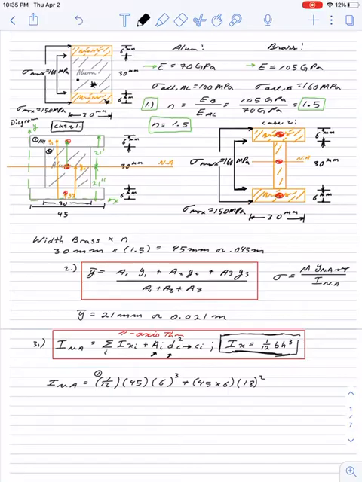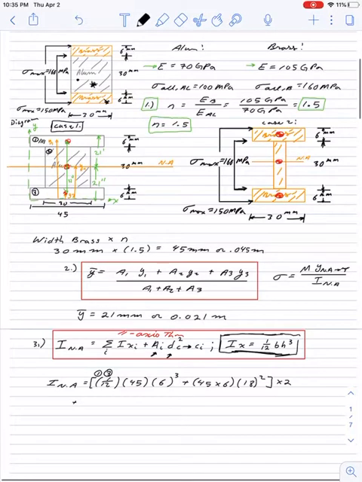Now notice that member number 3 is going to be the same. The moment of inertia is still going to be 1/12 times 45 times 6 cubed, plus the area is the same, and the distance between the neutral axis and the centroid of the member is still going to be 18. So that means that we can cut a little corner and say this is member 1 and member 3 if we multiply this by 2.